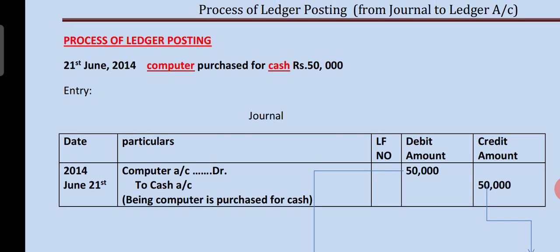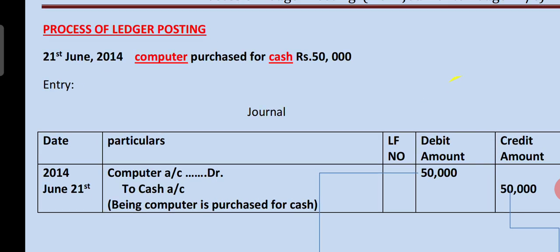Here it is given in the journal pro forma date. In the date column you will write the date and year 2014 June 21st, and in the particular column you write the debit account and credit account. So debit entry is the computer account, credit entry is cash account.